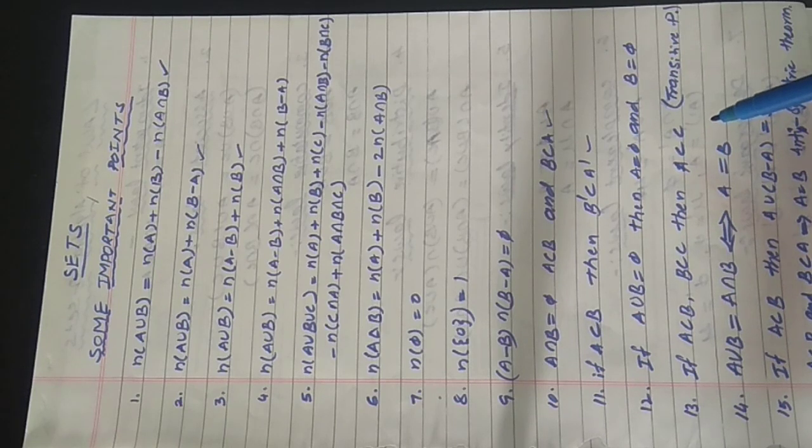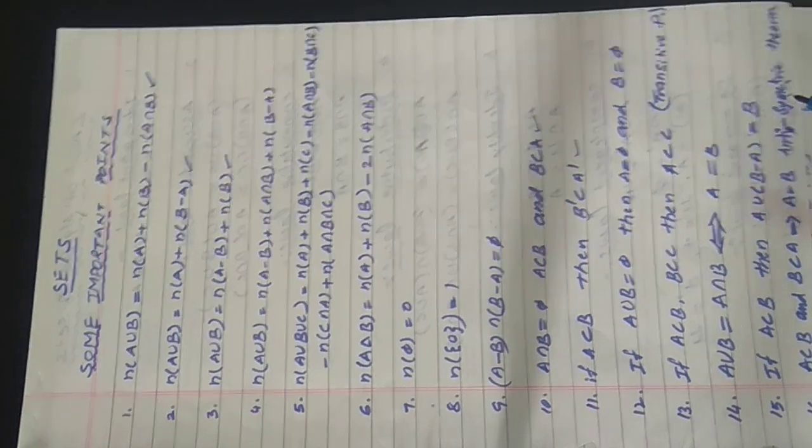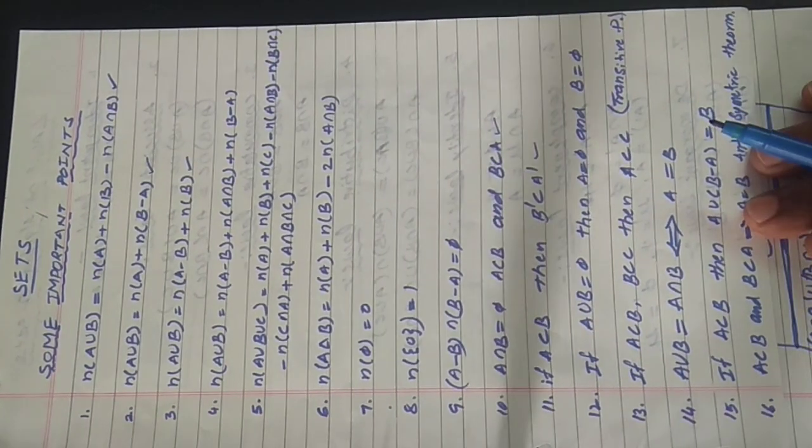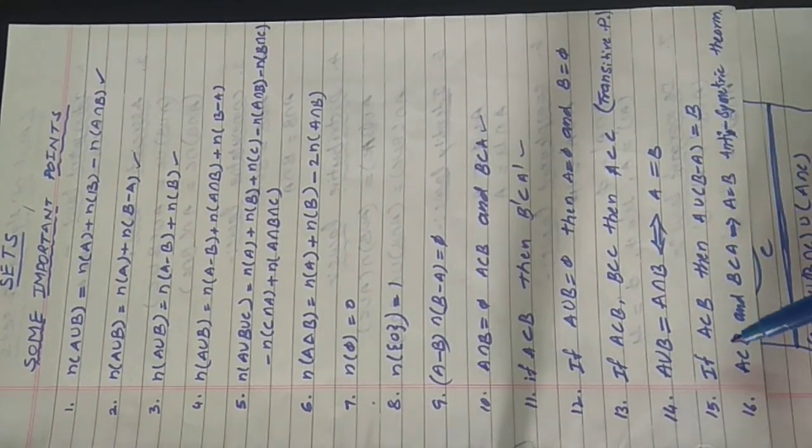This is transitive property. A subset A union B is equal to B intersection B. A union B is equal to A intersection B, that implies and implied A is equal to B. Remember 15.